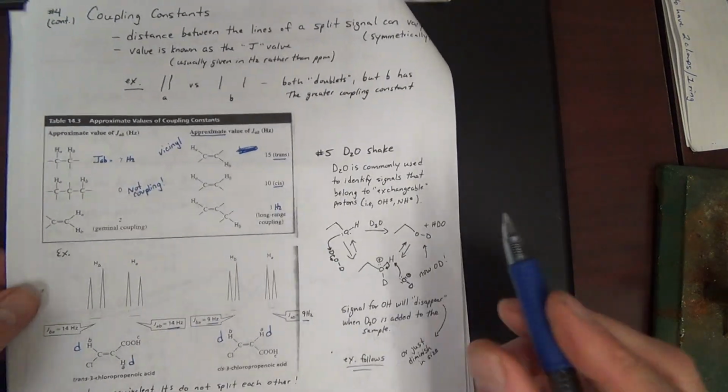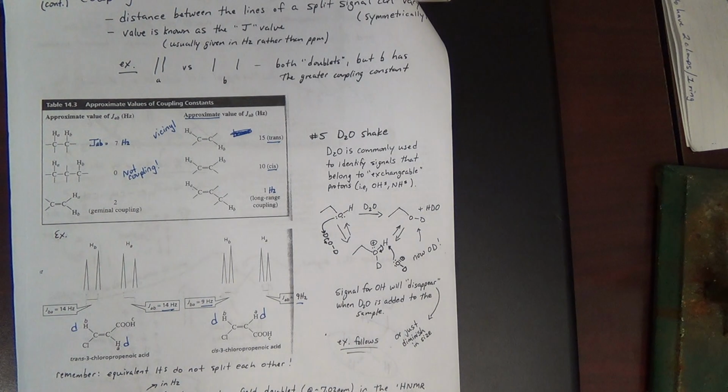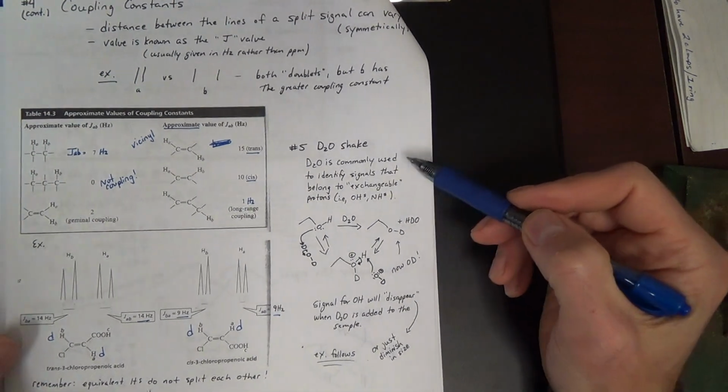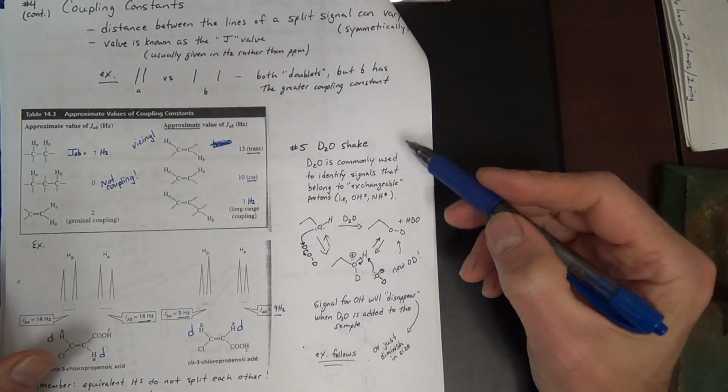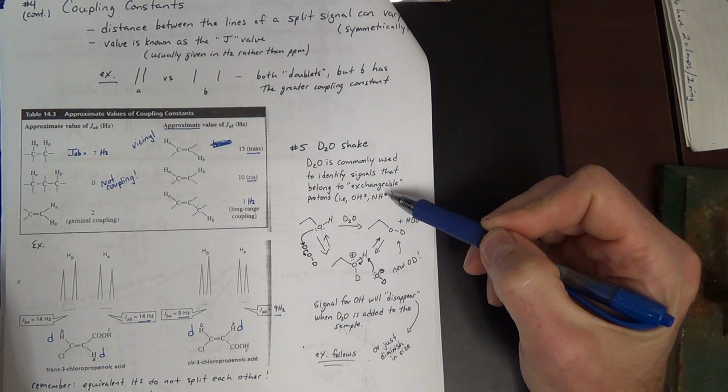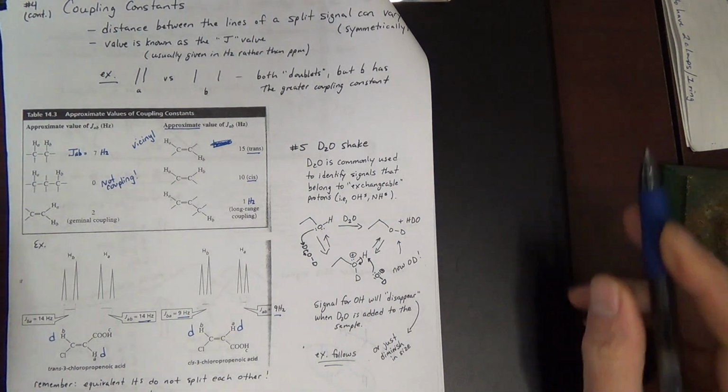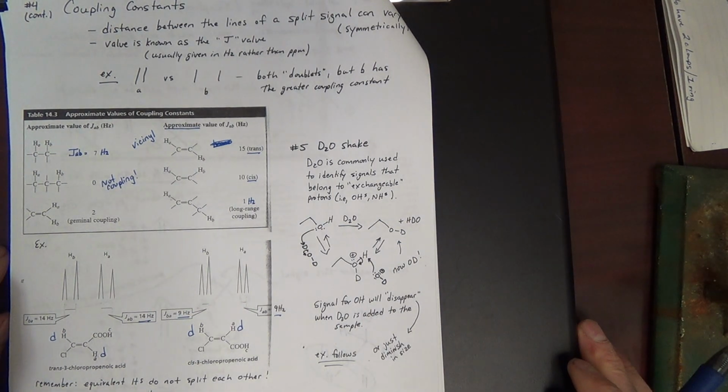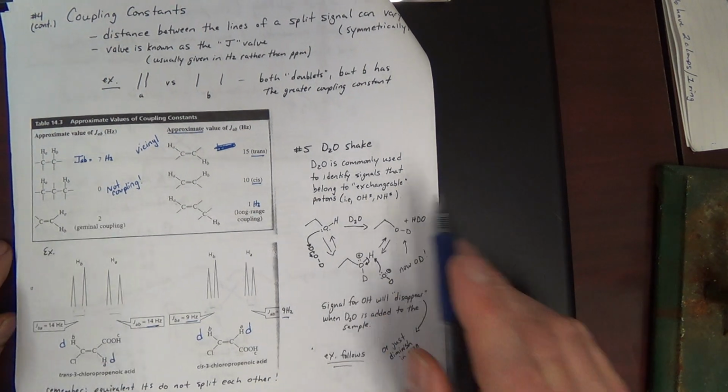Let's finish up with this video by looking at the D2O Shake. Okay, number 5 here. The D2O Shake is a commonly used method to identify signals that belong to exchangeable protons. Exchangeable protons are typically OHs and NHs.